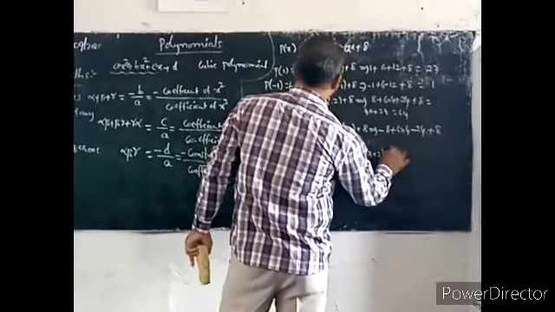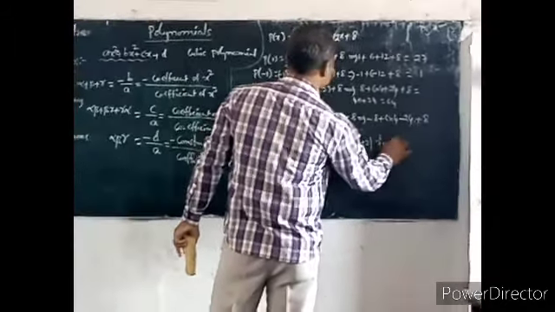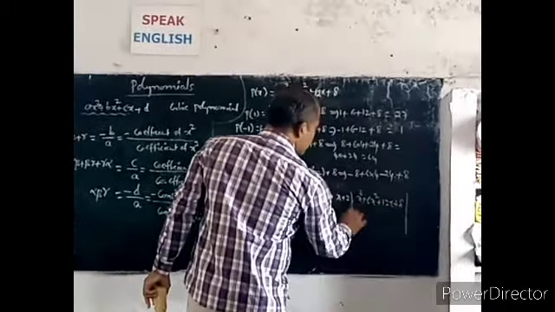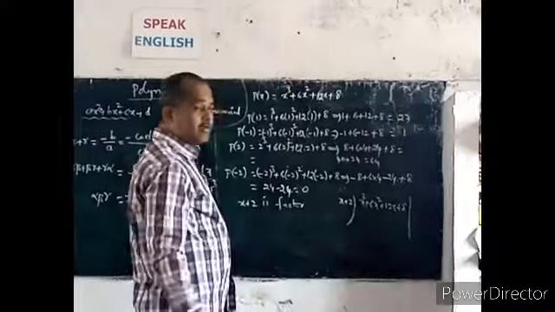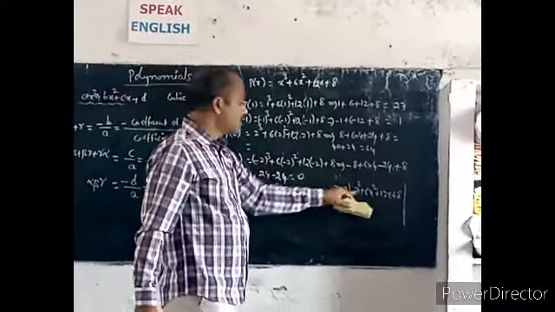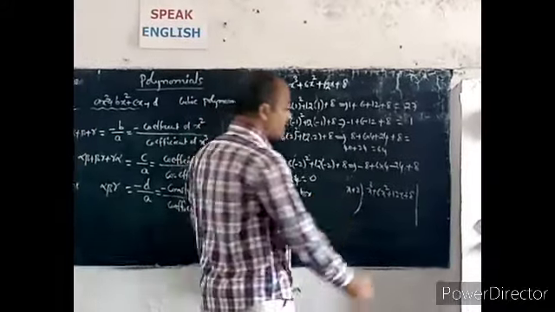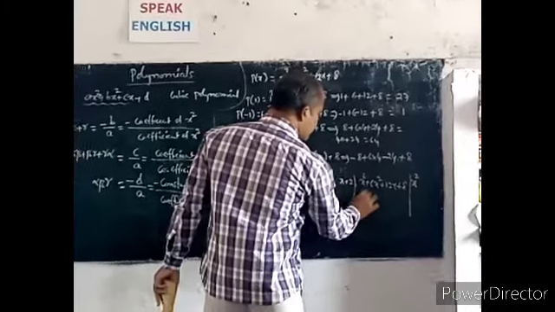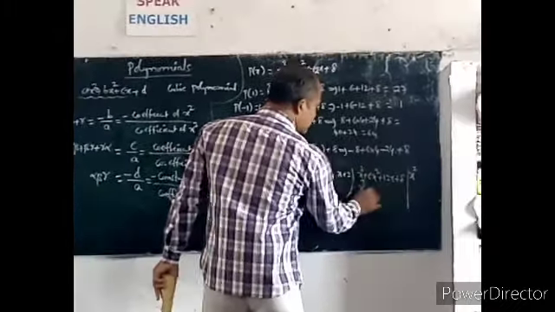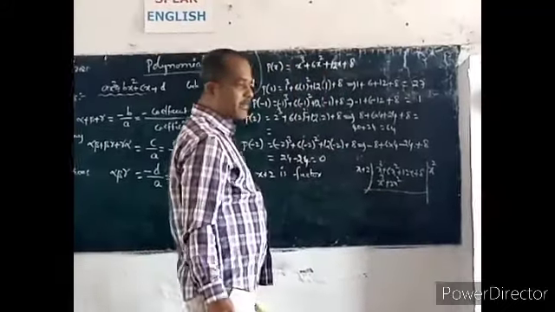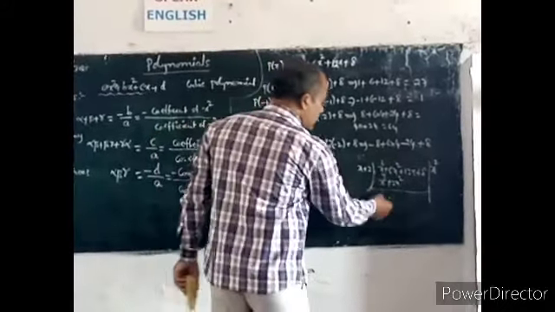X cube plus 6x square plus 12x plus 8. Here the first term should be divided by the first term of the divisor. X cube divided by x, how much are we getting? X square. So x square into x is x cube, plus x square into 2 is 2x square. Now do the subtraction.